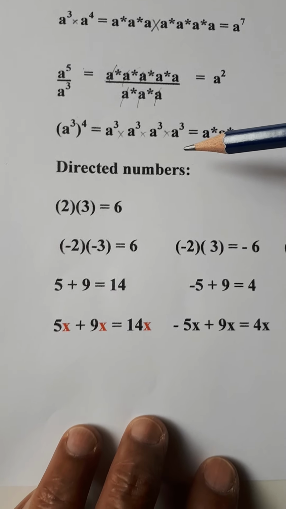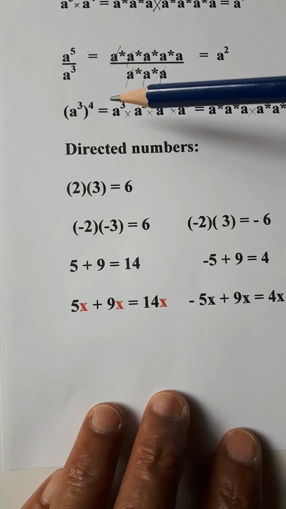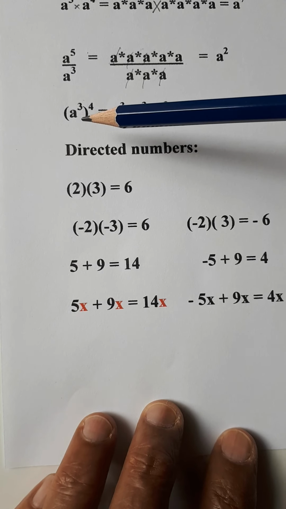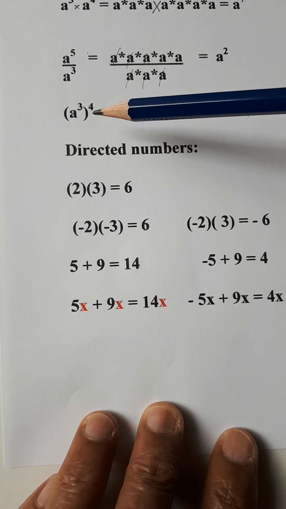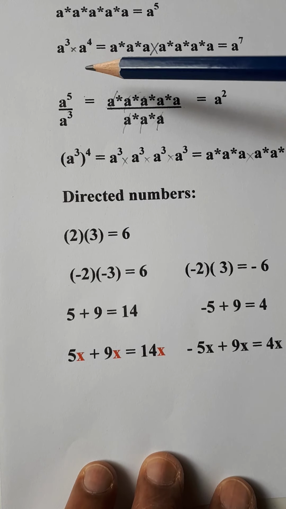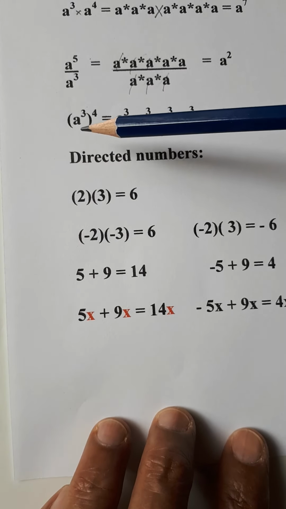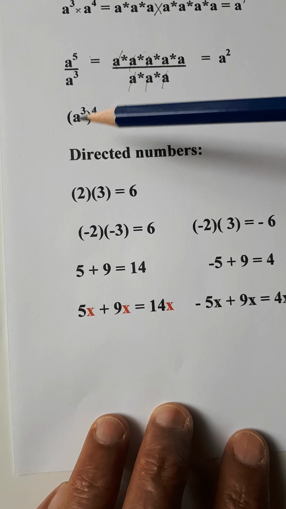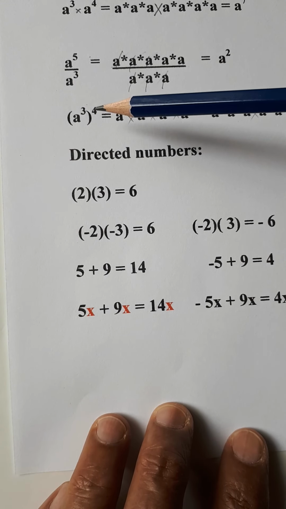But see the difference here. A to the power 3 to the power 4. Here you can see a 2 times, but here you can see only a 1 time. A to the power 3 to the power 4.